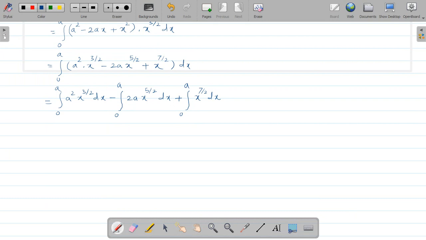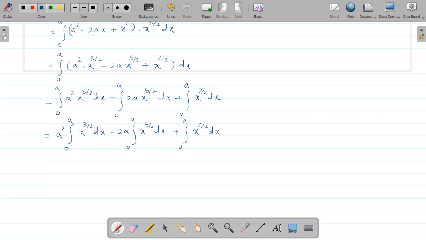Now here the term a² is constant, so a² you can take outside, into the integration from 0 to a of x^(3/2) dx, minus, here 2a is constant, so 0 to a x^(5/2) dx, plus this term as it is, the integration from 0 to a of x^(7/2) dx.